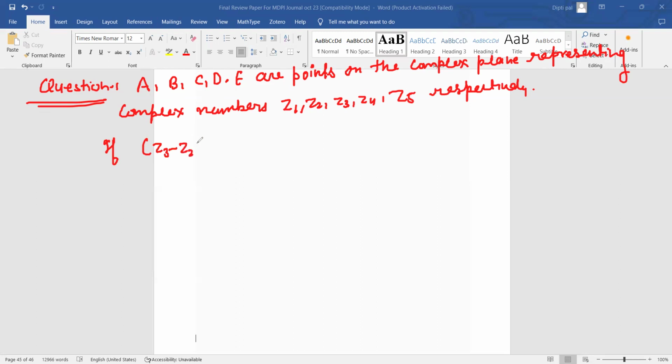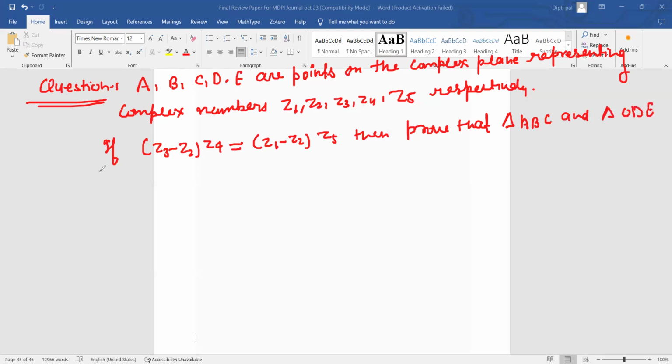If Z3 minus Z2 into Z4 equals Z1 minus Z2 into Z5, then prove that triangle ABC and triangle ODE are similar, O being the origin.